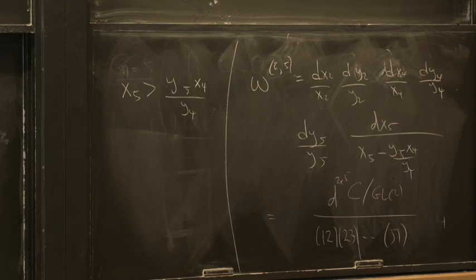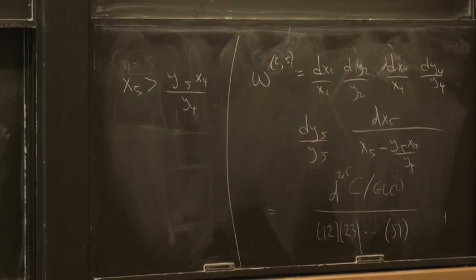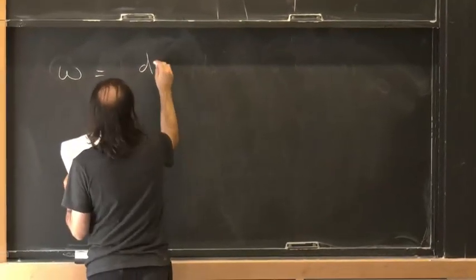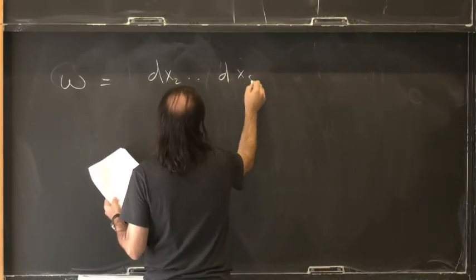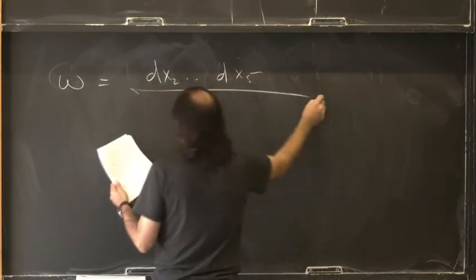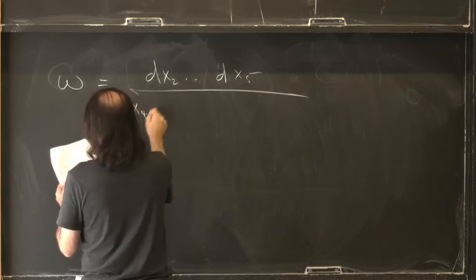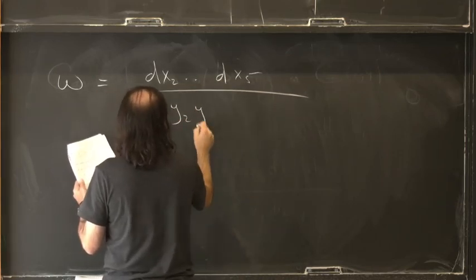But what's going on in this example? Well, we can see, since we just wrote down the answer, the form in this case, when I write the whole thing, is dx2, blah, blah, blah, up to dx5 at the end, over x4, x2, y2, y5.